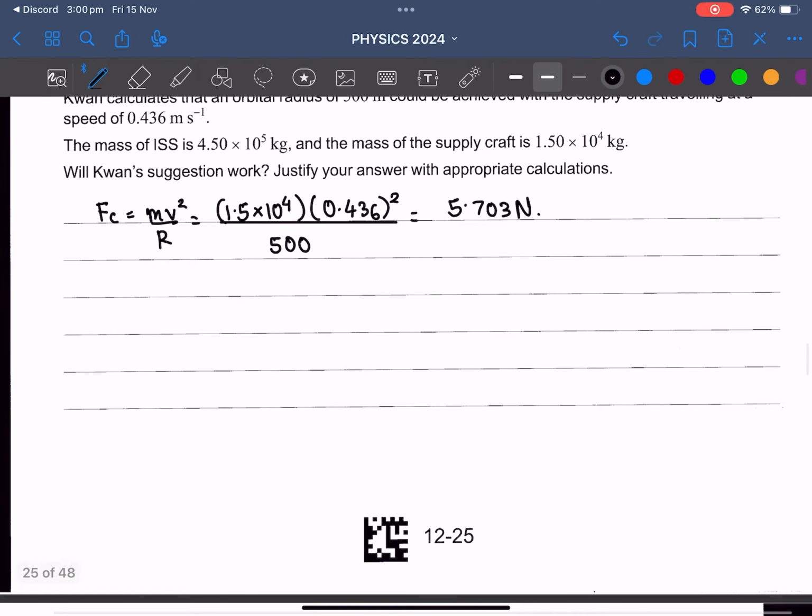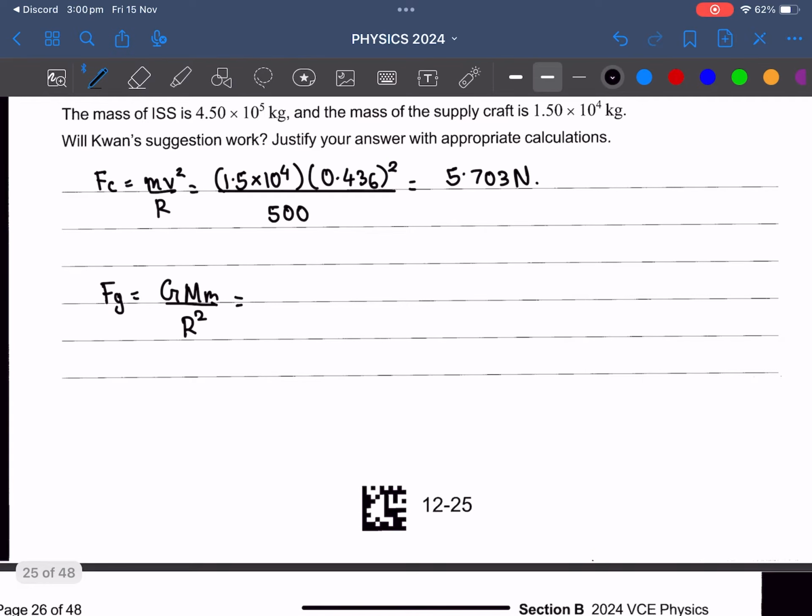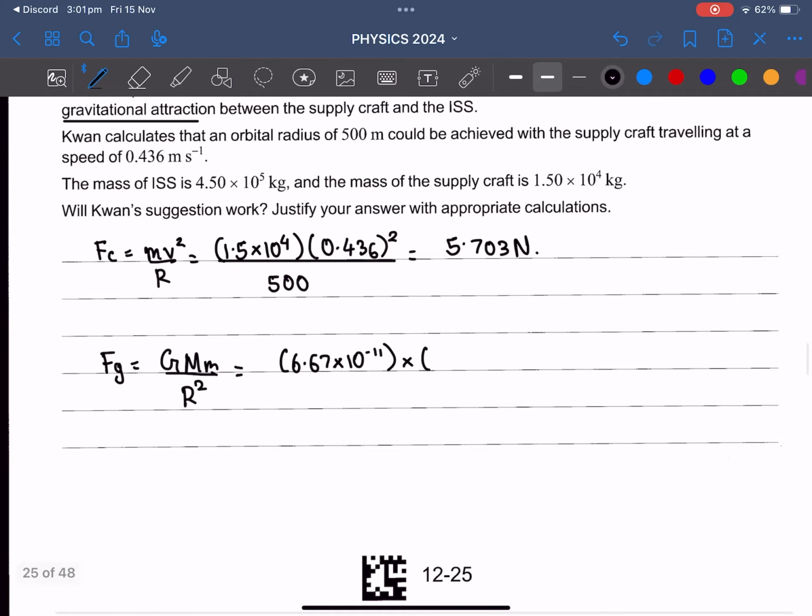Now we have to find the gravitational attraction. Fg is equal to GMm on r squared. G is a constant, 6.67 times 10 to the negative 11, times the big M, the mass of the ISS, 4.5 times 10 to the power of 5, and the small m, the mass of the supply craft, 1.5 times 10 to the power of 4, divided by 500 squared.